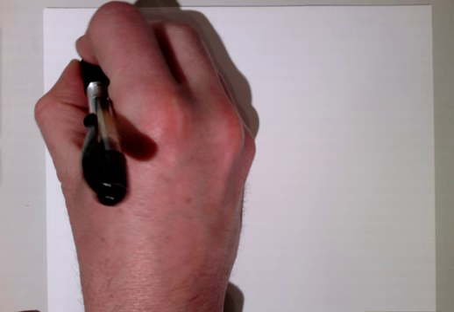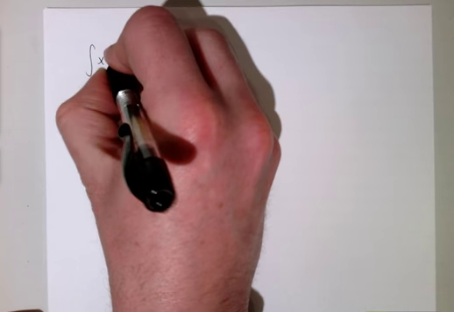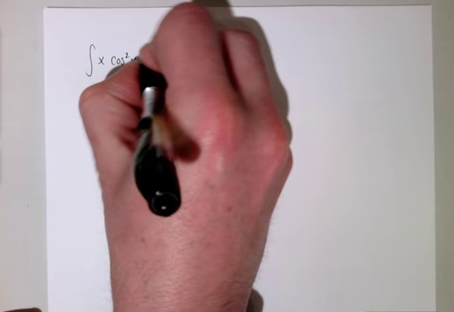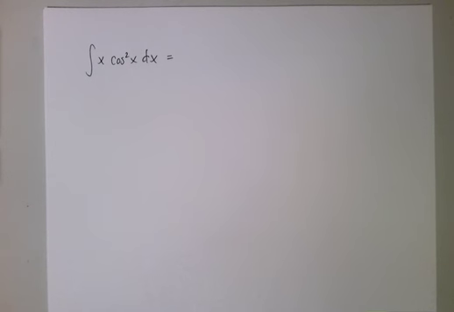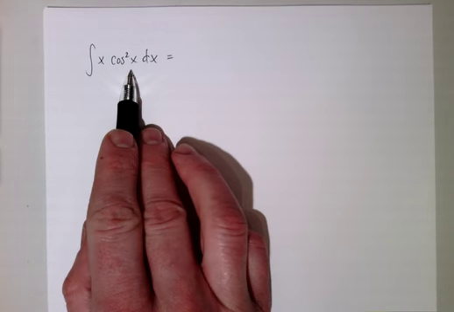How about x cosine squared x dx? Well, we've already talked about how some of these wind up being a combination of techniques, and it should be very apparent right here, right now, that this is definitely going to be parts. Okay, and you know that because these are two different classes of functions.